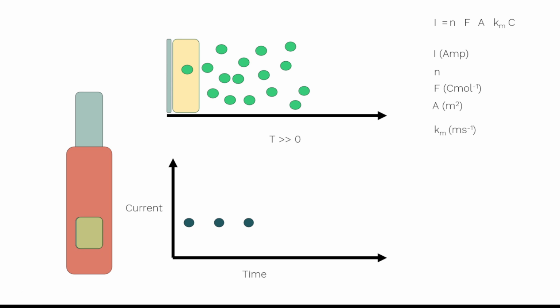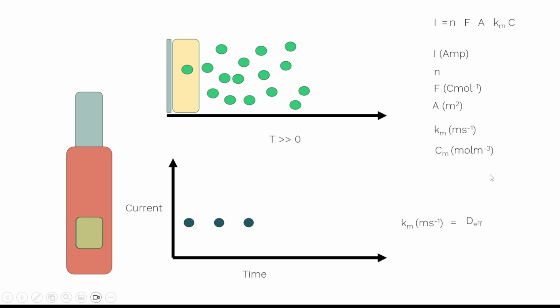Km doesn't mean the same thing now. This is not how fast you're stirring or how fast you're pumping or how fast you're shaking. I'll come back to that in a minute. C is the concentration. I put Cm in there, that's a typo, but that should be just C. So Km at this point actually means something slightly different.